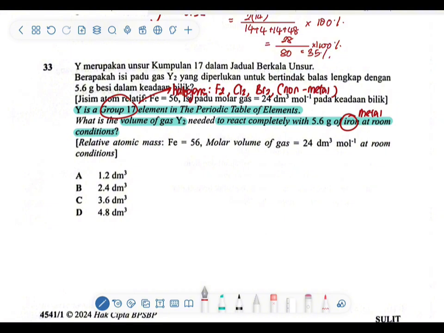For the reaction between metal and non-metal, it will result in an ionic compound. Since we have this ionic compound, we know that the iron can react with Y2 to form a substance. Let's say we have iron reacting with Y, which has a negative one charge.